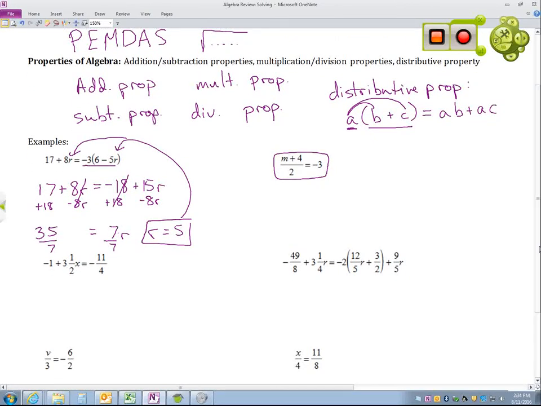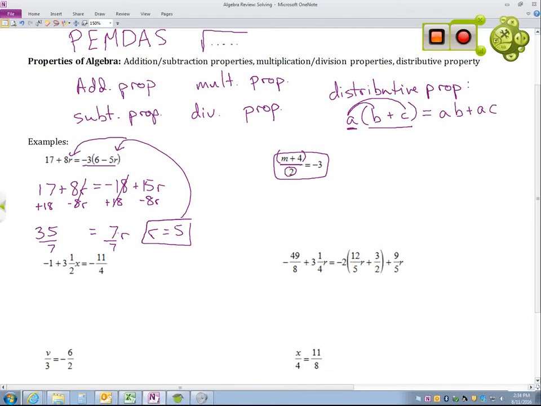Okay, for this one, I'm going to start by getting rid of this 2. This is being divided, and even though in the order of operations, if I were going backwards, I would look at addition and subtraction first, because the fraction bar here groups the m plus 4, kind of like invisible parentheses, I'm not going to take care of that until after I get rid of the 2.